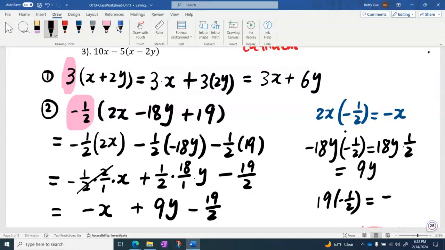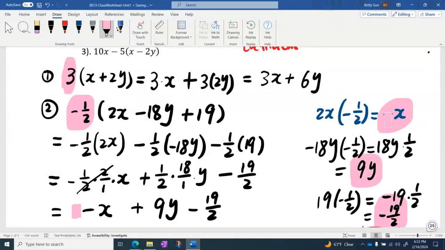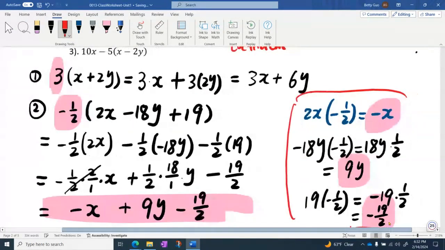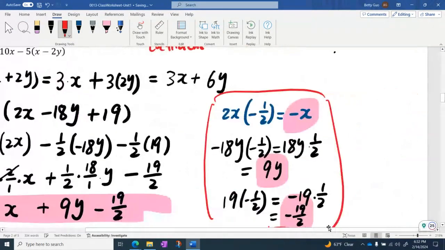Positive times negative is negative. Negative 19 times half is -19/2. Then you add the three terms together and you have the result. You can break them down on your scratch paper. Here is the breakdown. Let me know if that's understandable.